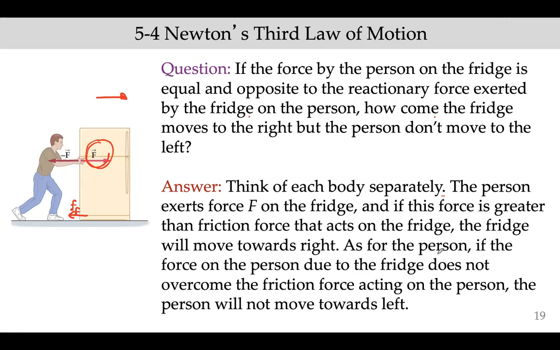As for the person, now let's think about the person. If the force on the person due to the fridge does not overcome the friction force acting on the person. Now we are talking about the person, so we have to think about the forces on the person. So the fridge is pushing to the left, and the friction on the person is to the right. Friction on the person.